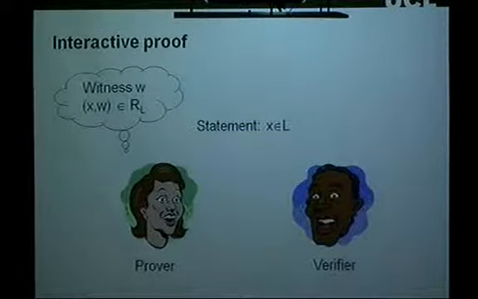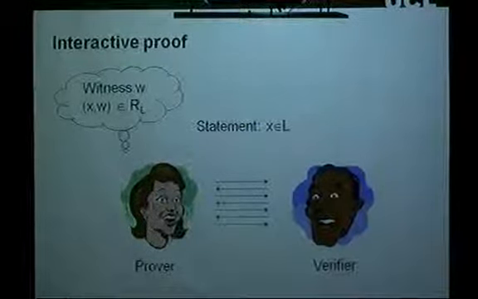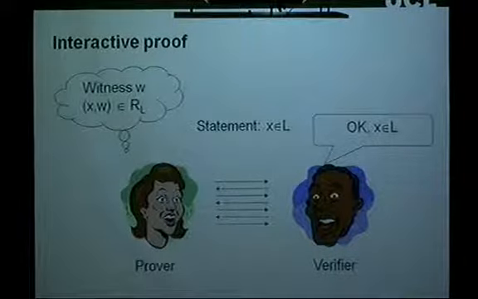Okay. So the statement is of the form, X belongs to this language, and the prover knows that it belongs to the language. The prover has a witness that it belongs to the language. And now they can engage in this protocol, and the prover will convince the verifier that X belongs to the language.